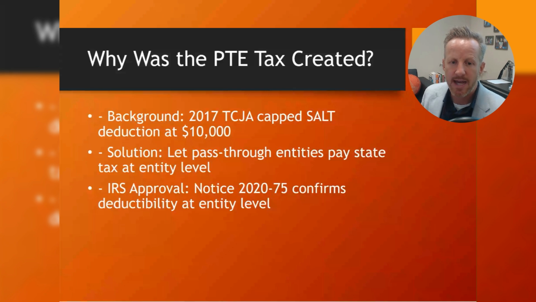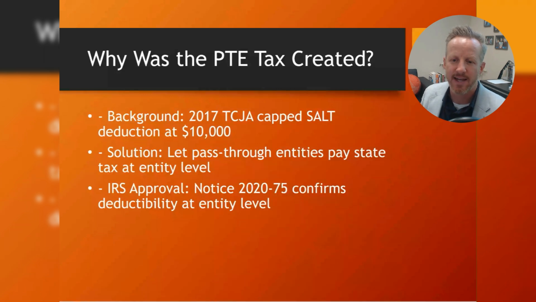Now, the IRS had to think about it and they said, whoa, are we going to allow businesses in all these states to pay their state income tax through their business and get a tax deduction? Well, IRS approval Notice 2020-75 confirms this is deductible at the entity level on the federal tax return.